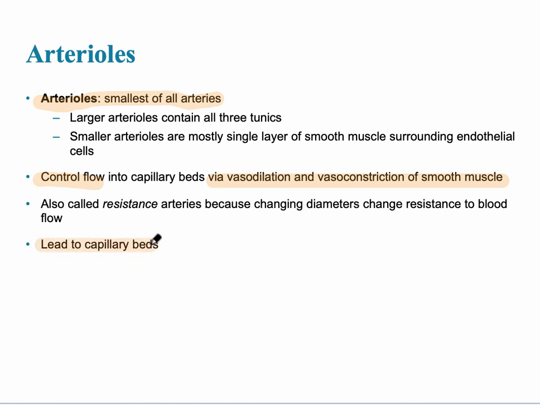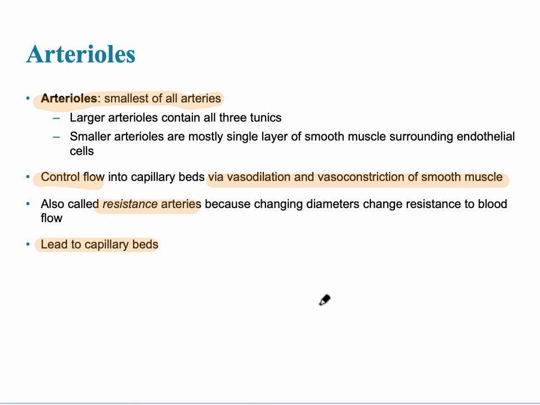And those precapillary sphincters have the ability to constrict, to prevent blood from going into the capillary beds, or to dilate to allow for more blood to go into the capillary bed. And because of this, we also refer to them as resistance arteries.